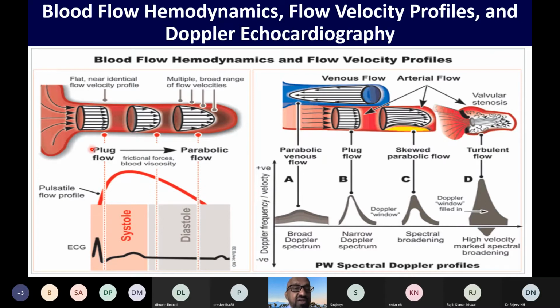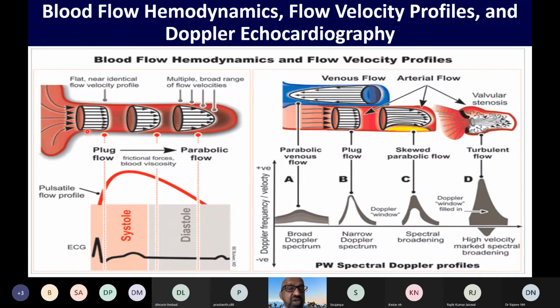So because of that, the velocity of the blood in the center of the vessel is higher than that in the peripheries. If you look at the peripheries, the speed of RBCs will be less compared to the center.